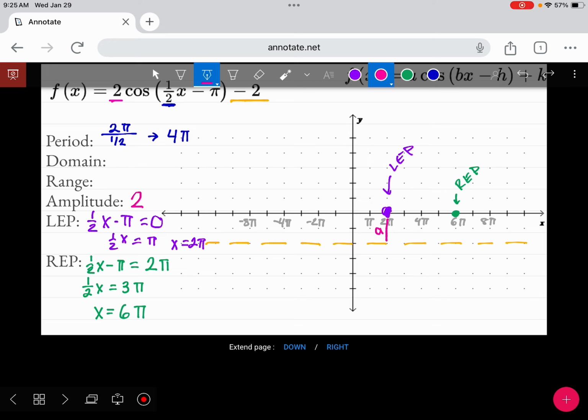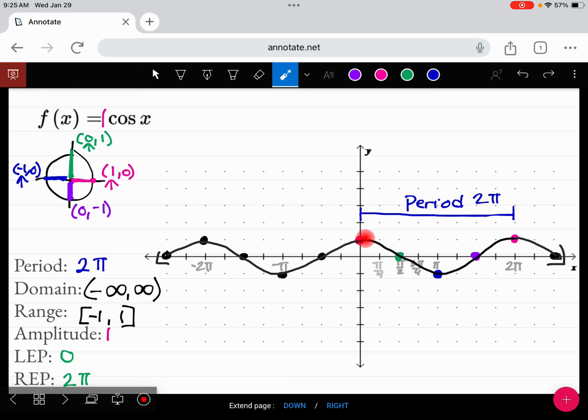Halfway between them, where are we going to have a point? At the 4 pi. Where is it going to be vertically? Up here? What does cosine do? So we're starting up and we go down. So we got to go how much? We're going to have to go below our center, right? So it starts above, we need to go below.